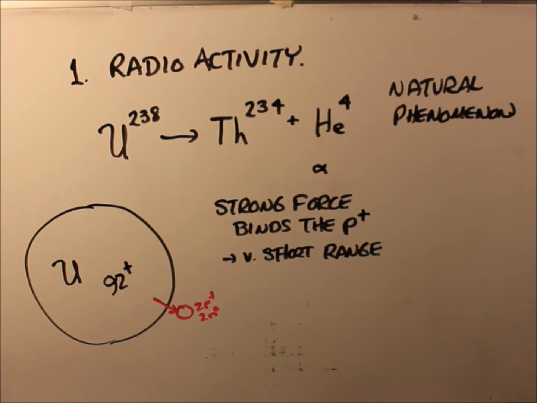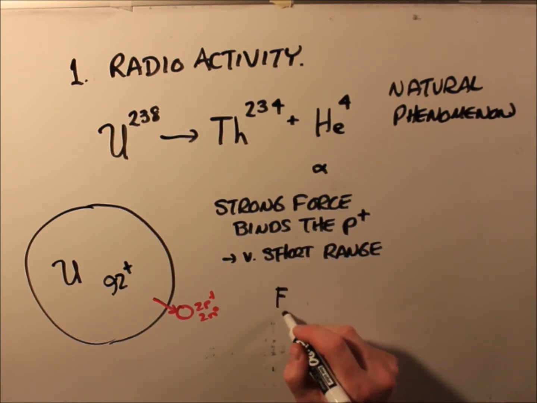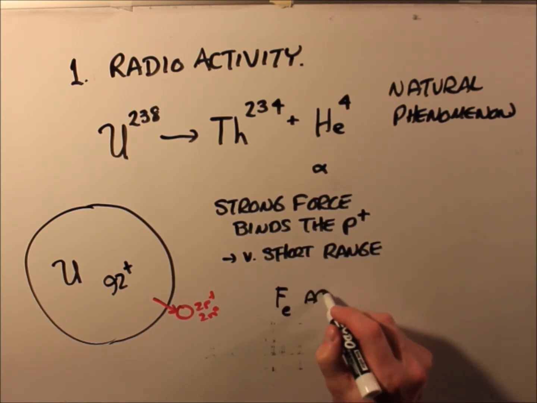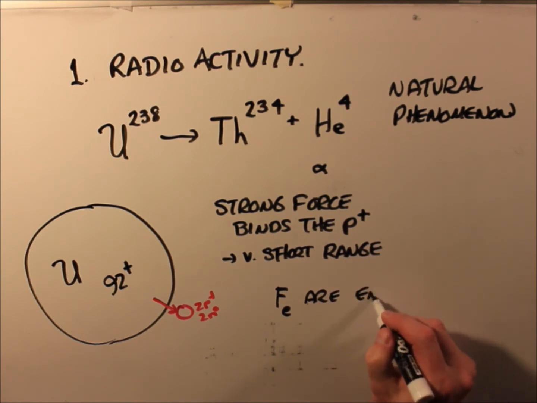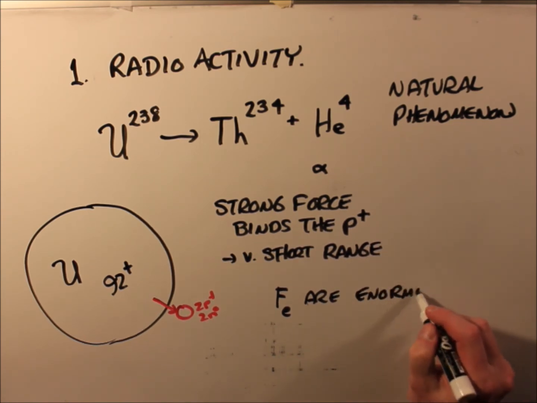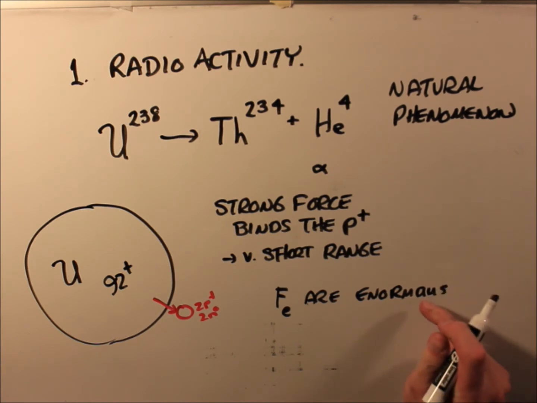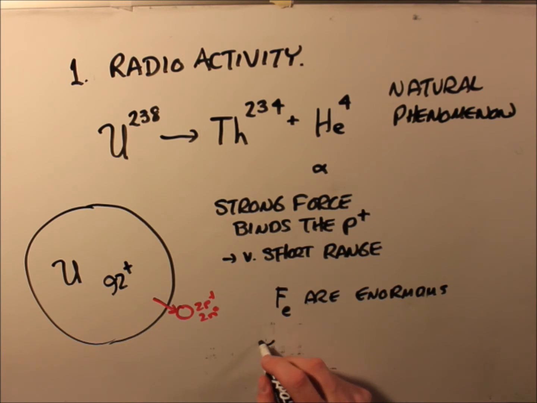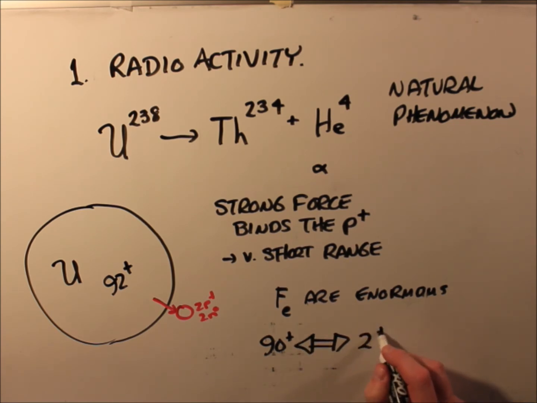Now when that happens, we must remember that electrostatic forces are enormous. So what we have here is 90 protons pushing against 2 protons, and these are sent away at an enormous rate.